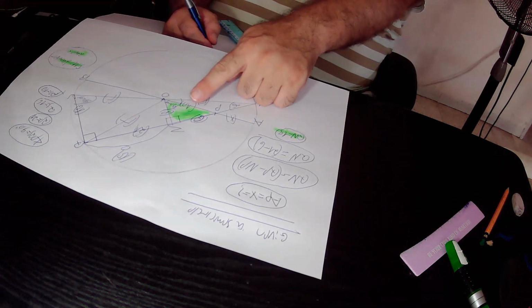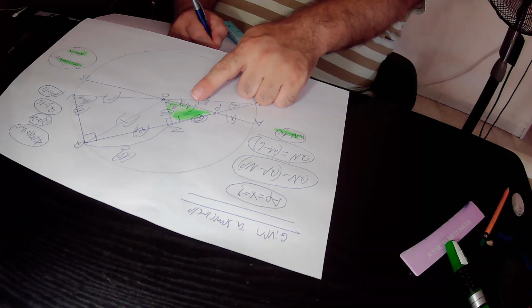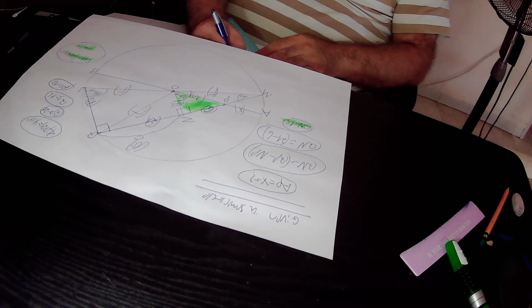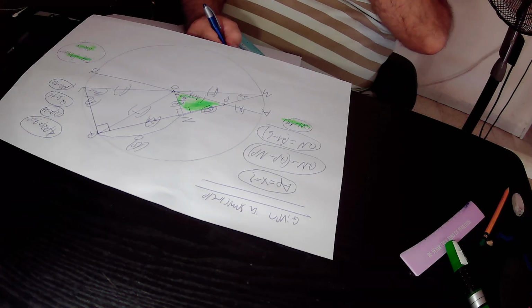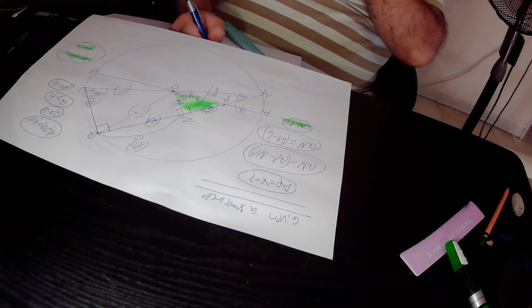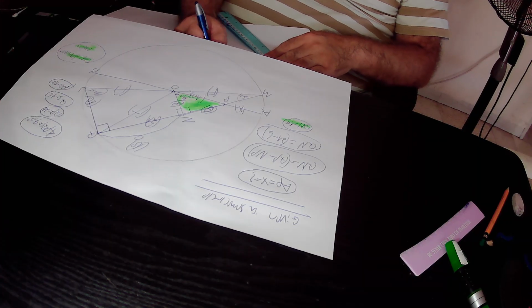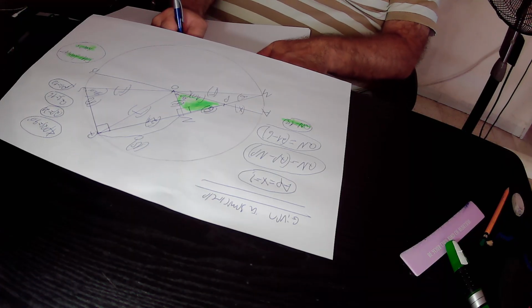Side ON equals 8 units in length. QN equals 15 units in length. And the hypotenuse QO is the radius of the circle that equals R. Here PT is the abbreviation for Pythagoras theorem.